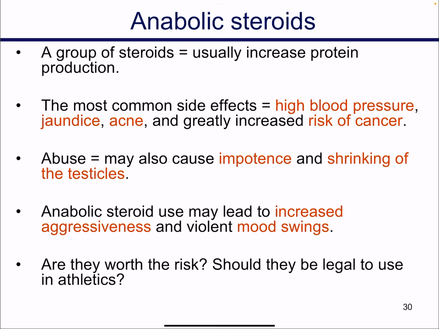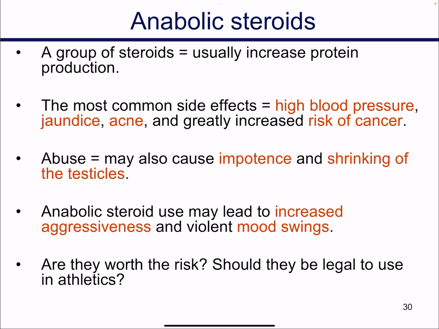Now, what are anabolic steroids? Now, when it comes to muscles and building up muscles, you hear about anabolic steroids. Anabolic steroids are groups of lipids, right, that are produced out of cholesterol, right?